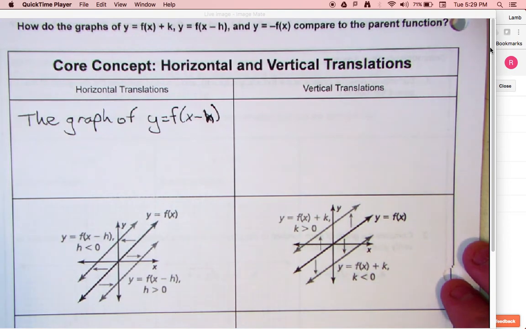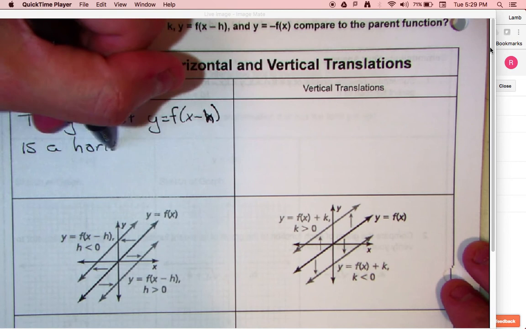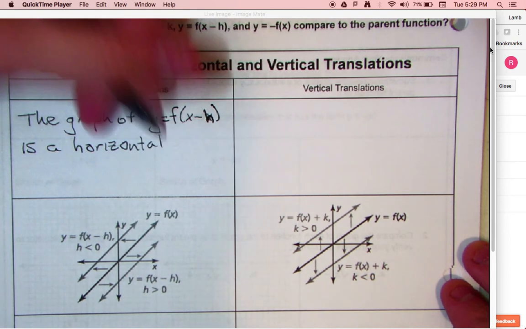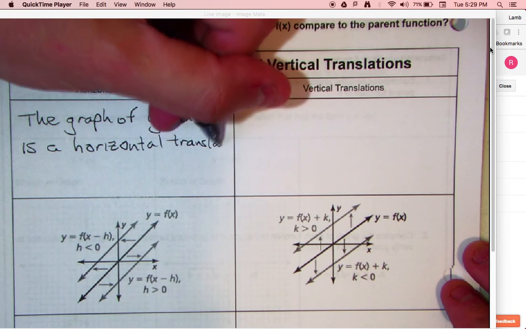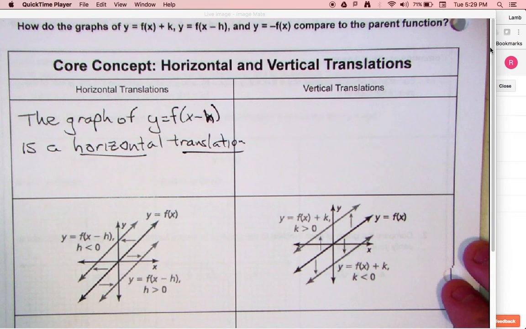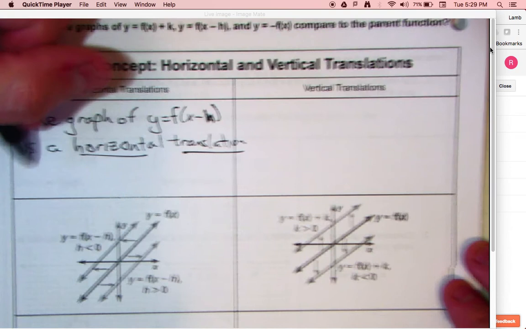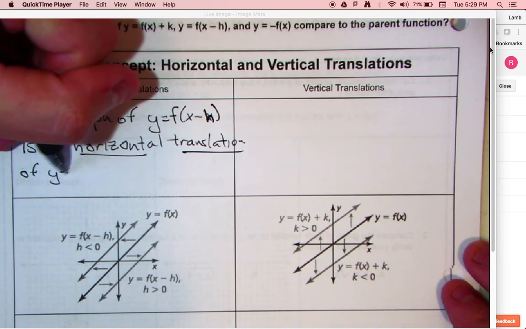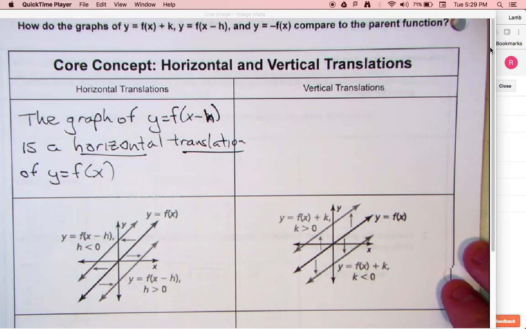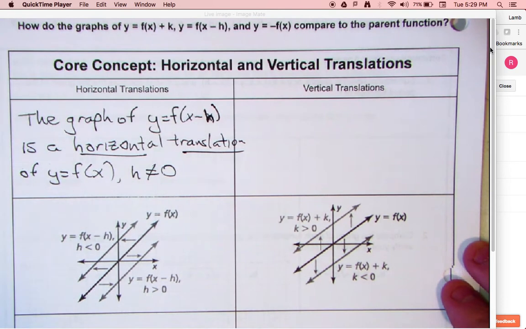The graph of y equals f of x minus h, we call that a horizontal translation. Remember, a horizontal translation is taking a function and moving it over to the left and over to the right. So we say it's a horizontal translation of y equals f of x, and we have to say h does not equal 0, because if h equals 0, then these two things are the same.